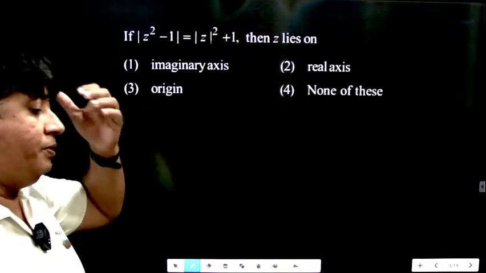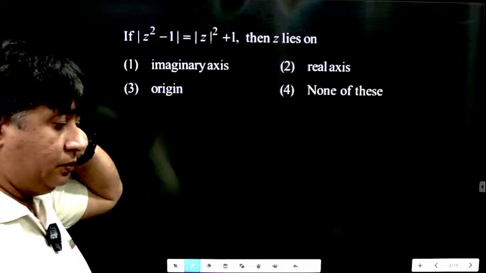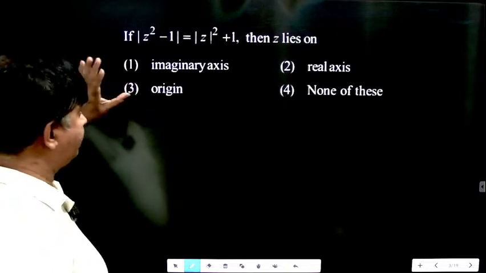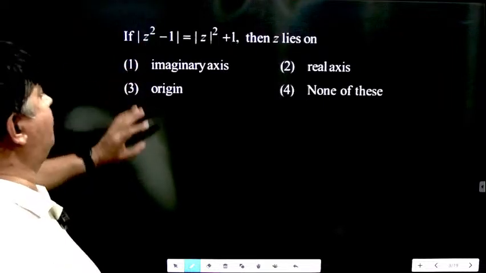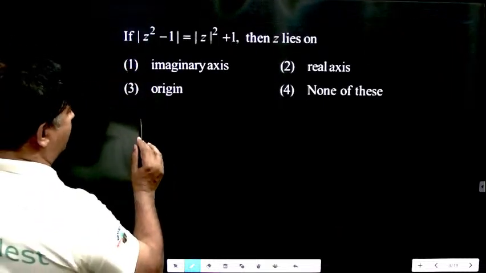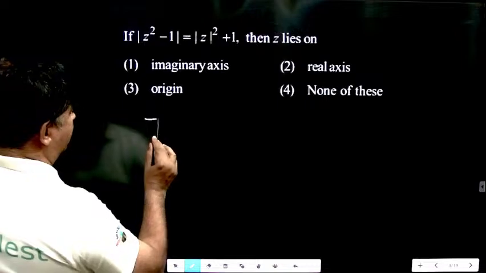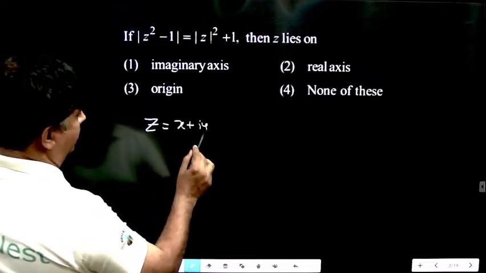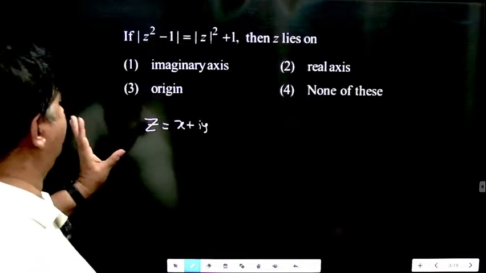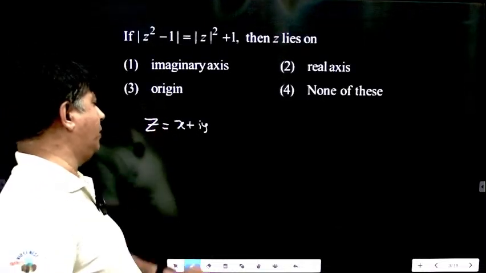Do you need help? See, it will be better if you proceed with the polar form. What is the polar form of a complex number? Z is equal to x plus iy. You know that it is the Cartesian form.